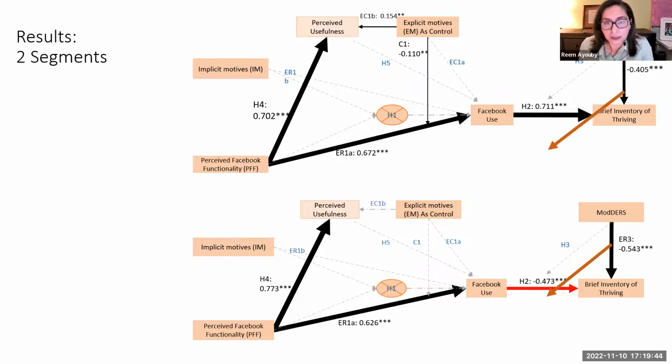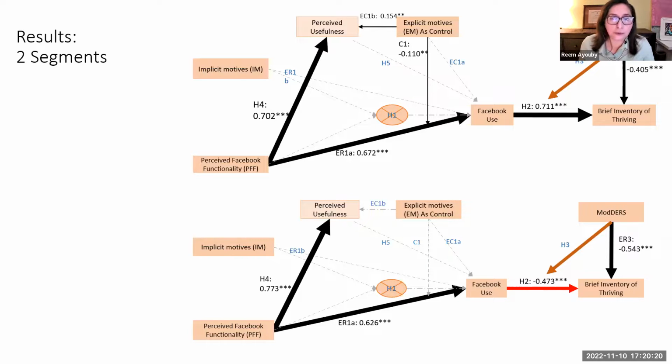So with this, I could also compare the two groups. Even though at first it looked like there was no relationship, this is the emotion regulation, MODDERS, the modified difficulties in emotion regulation scale. With that scale, we could measure people's difficulties managing their emotions. And with that, it was very clear that there are significant differences between the two groups.